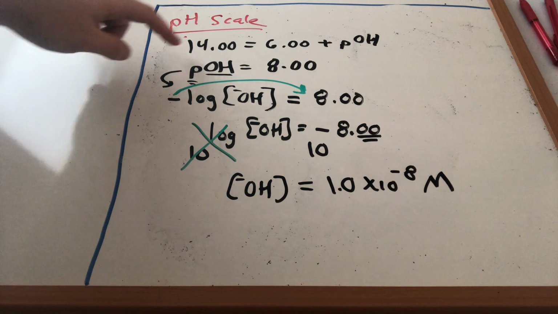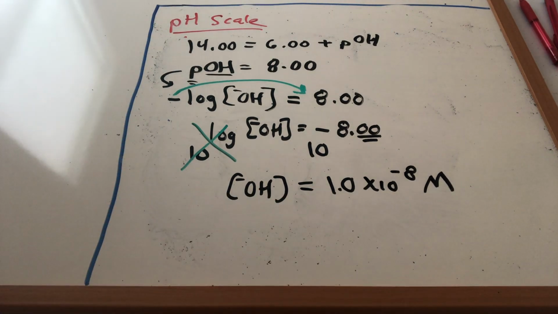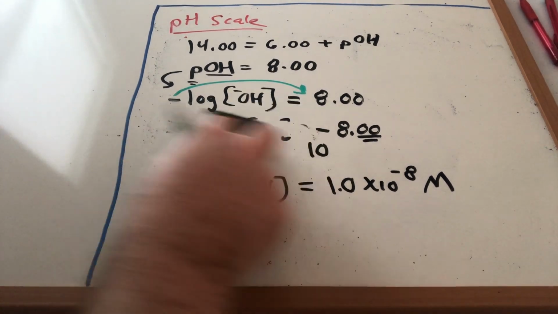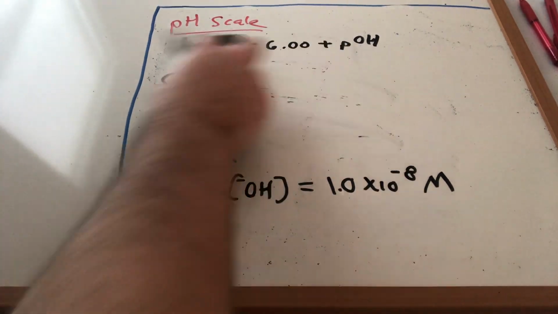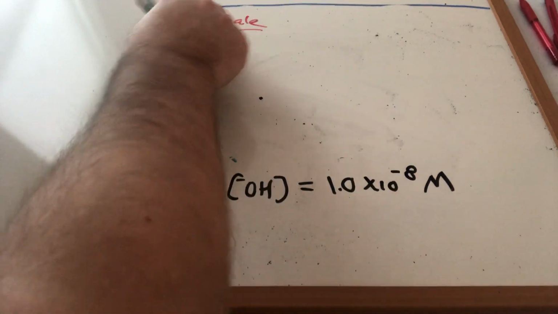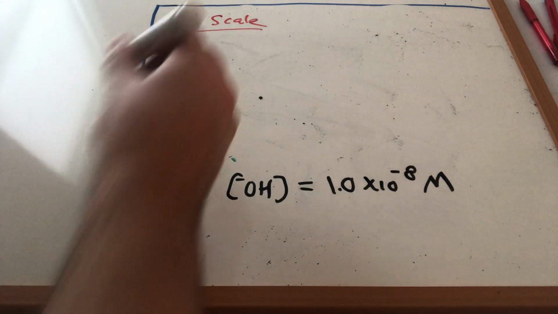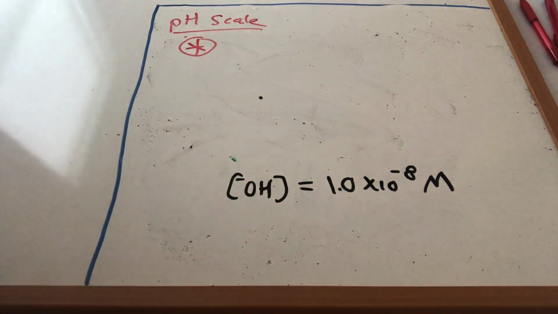So knowing how to go from a pH to a pOH to an OH minus concentration is something that we'll do again and again. Just to finish off this video, there's a lot of important stuff here, and you're going to do a lot of practice with these sorts of problems and manipulations. But I just want to point out that there's multiple pathways for information.